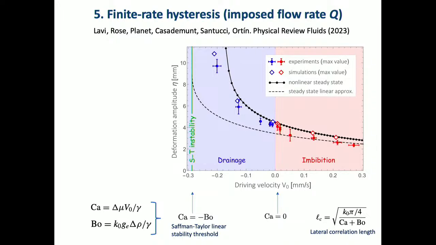So when you drive silicone oil at positive velocity, this is perfectly stable, but the new concept here is that the interface becomes more and more stable. So the faster you drive the fluid, the more you stabilize the interface. So the deformation of the interface is smaller and smaller, even though the defect is the same.